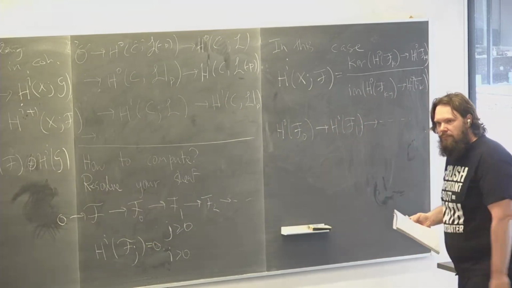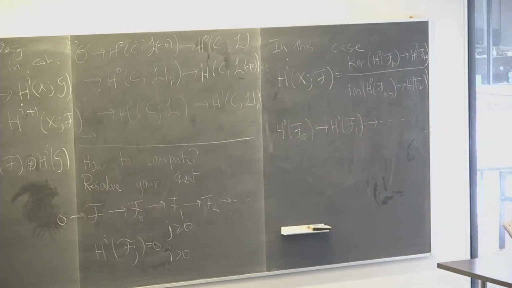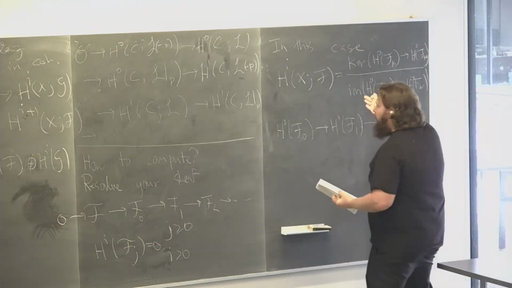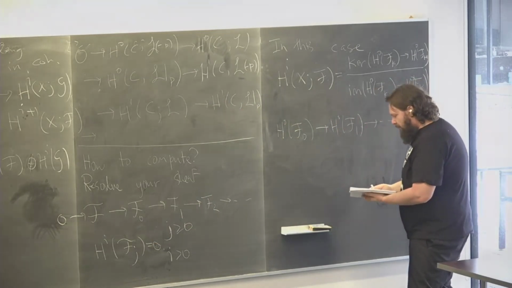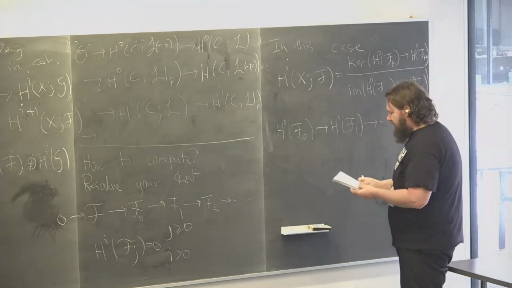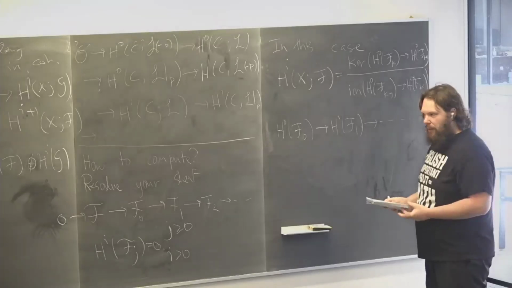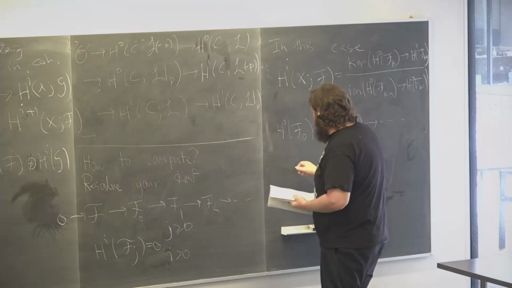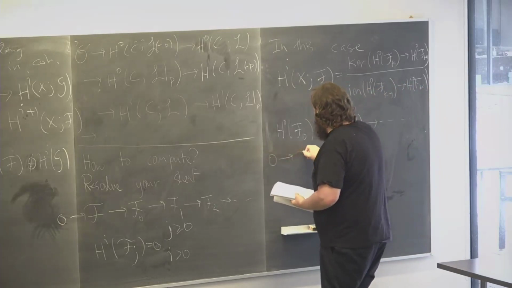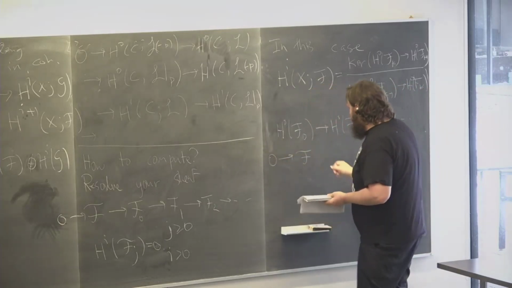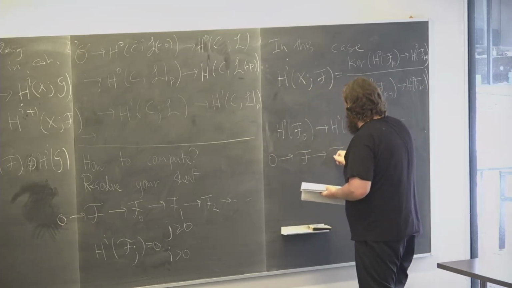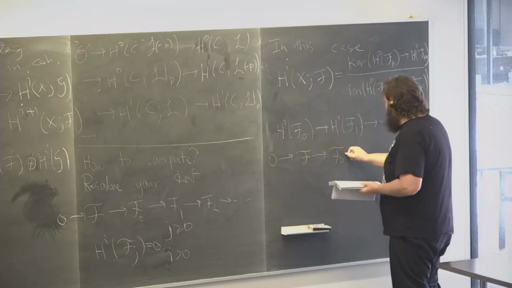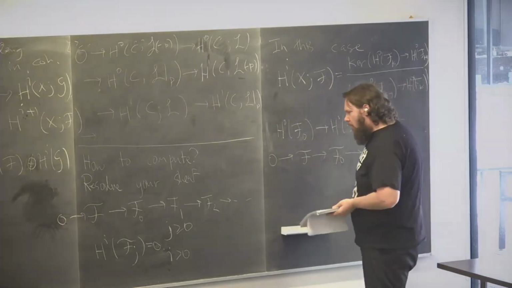All right, so H^k is always 0. So the point is how do I prove this? I prove this by using my long exact sequence, right? So for example, what's the first step of the proof? The first step is I have a short exact sequence of sheaves, which is F maps to F^0. What's the cokernel of that?